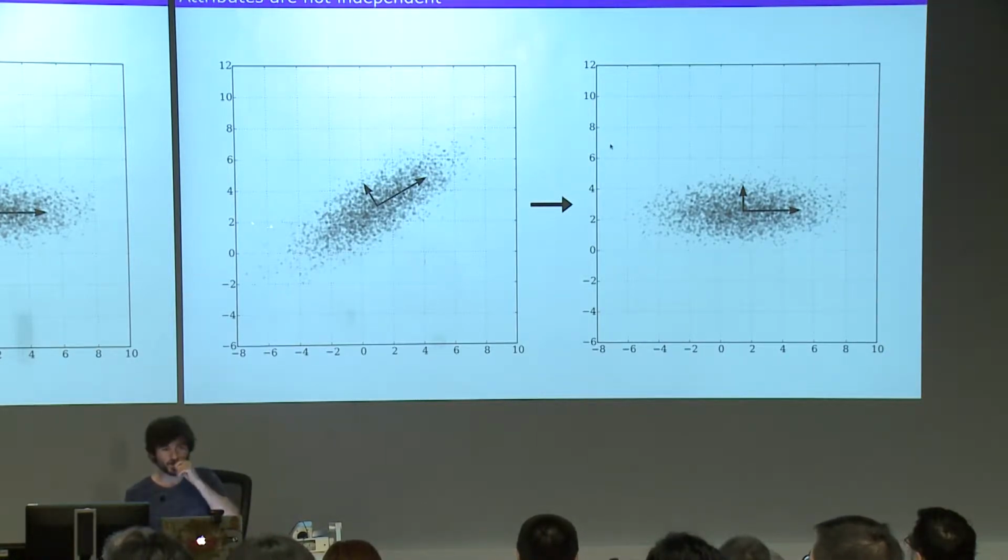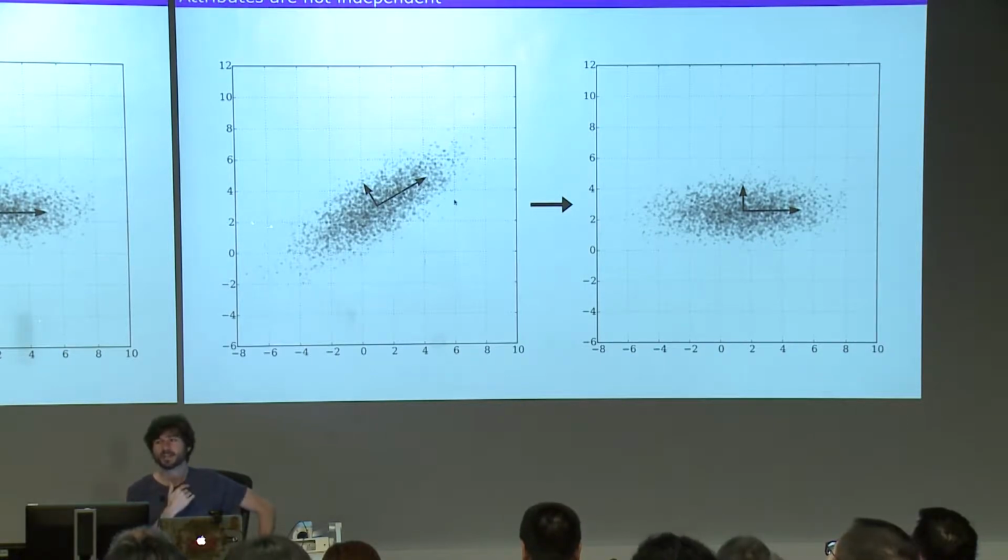First of all, principal component analysis starts with the following observation. Let's say you have a data set of something. Let's say this is a data set of points, and these points are houses. Each one of these points refers to a house. The x-axis refers to the size of the house, and the y-axis refers to the price of the house. So size and price.